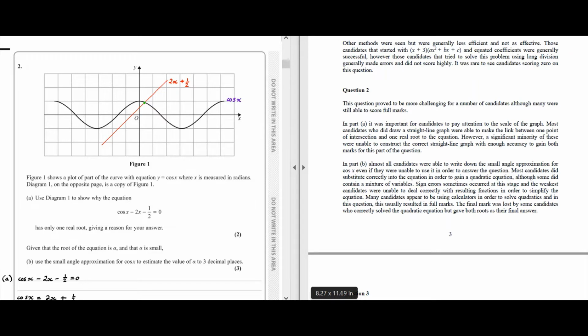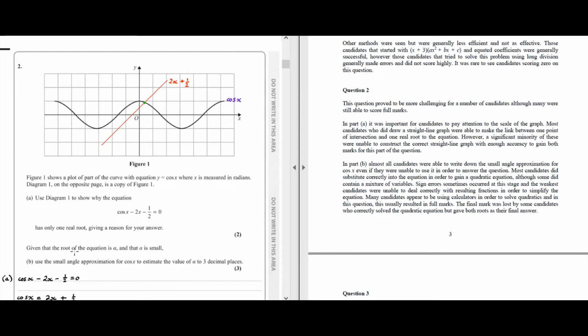Did I do that? Yes, I did. Most candidates who did draw a straight line graph were able to make the link between one point of intersection and one real root to the equation. However, a significant minority of these were unable to construct the correct single line graph with enough accuracy to gain both marks for this part of the question.